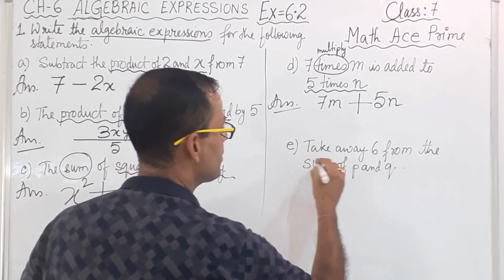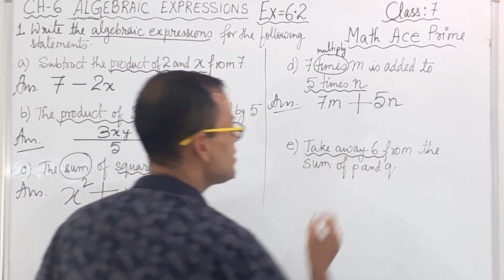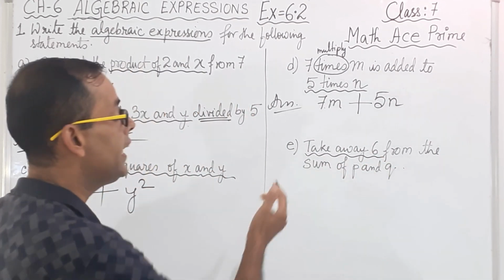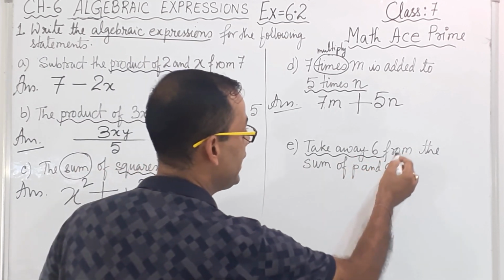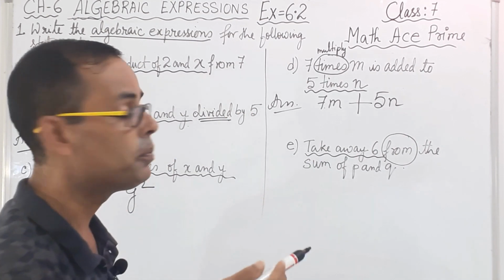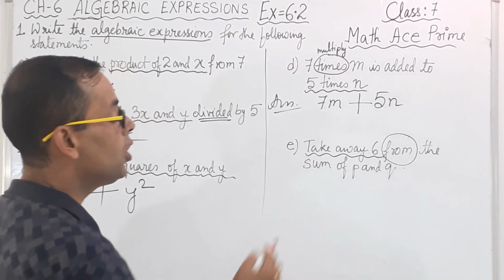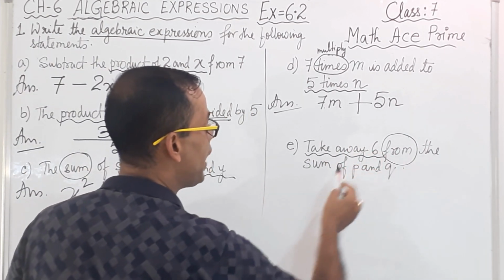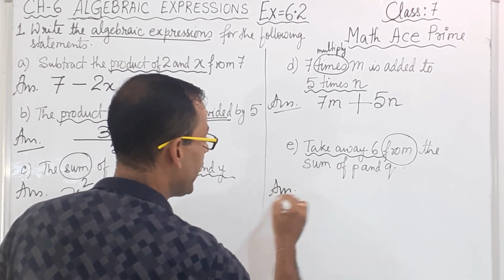The last one is number E: take away 6 from the sum of P and Q. Take away means subtract. Since the word from is given, the next part will come in front.